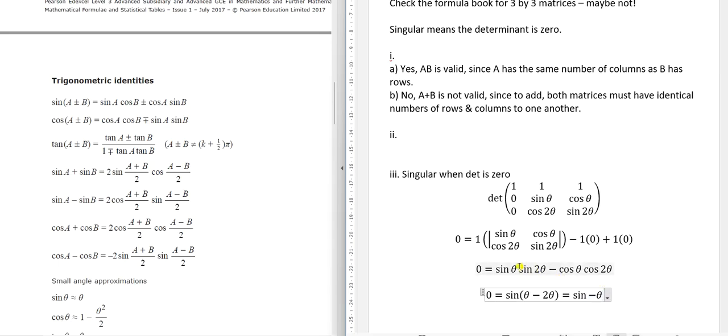I don't want to go the other direction and turn sine 2 theta into 2 sine theta cos theta and turn this into something involving that, because I'll get some awkward looking polynomial. But wait a minute, I've seen the wrong one.